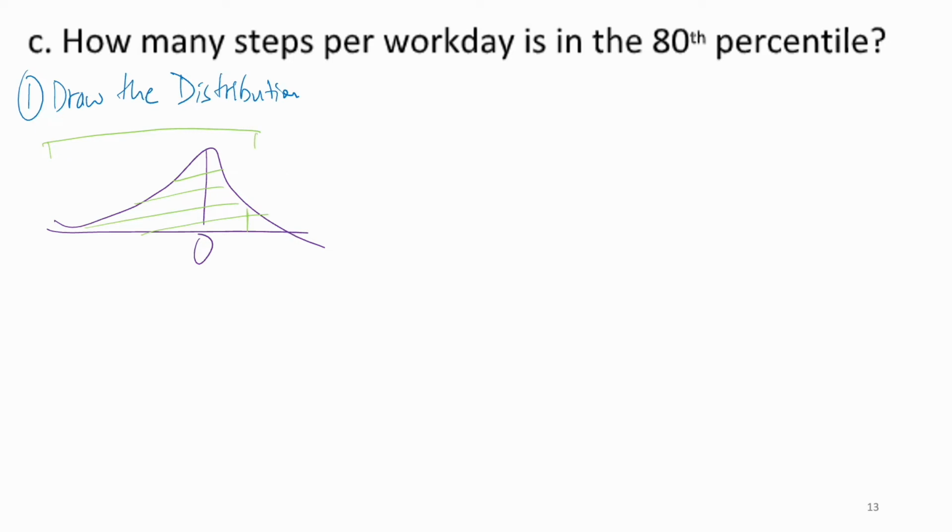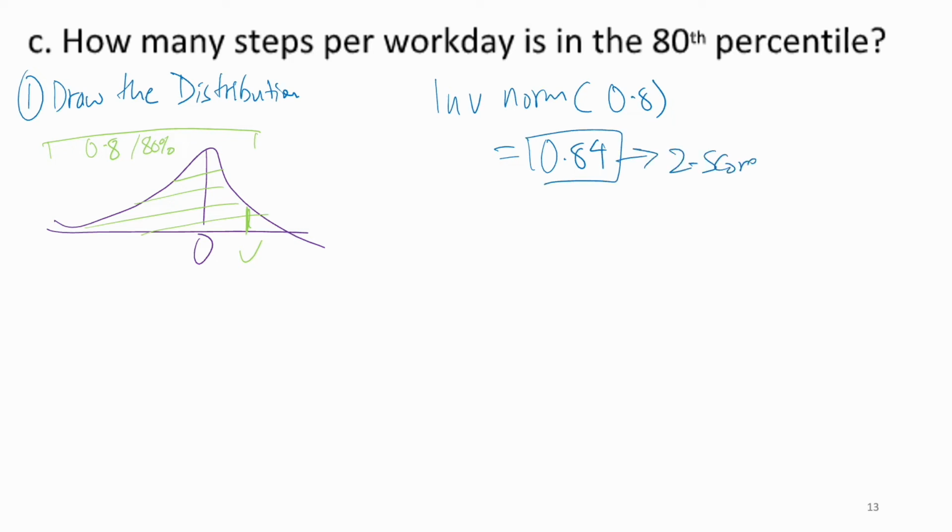This right here will be the value, and it is 0.8 or 80%. So we're going to use the inverse norm of 0.8, and you get 0.84. That is the z-score of the value in the 80th percentile.